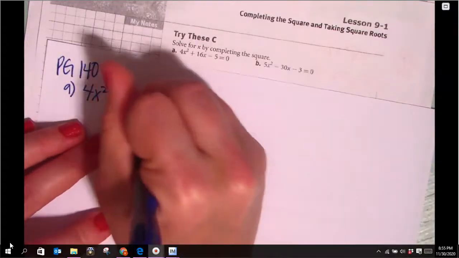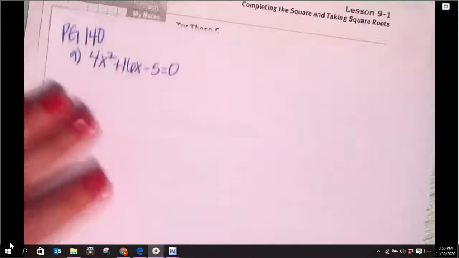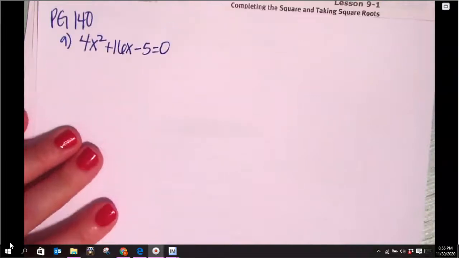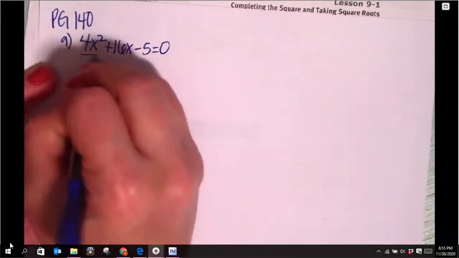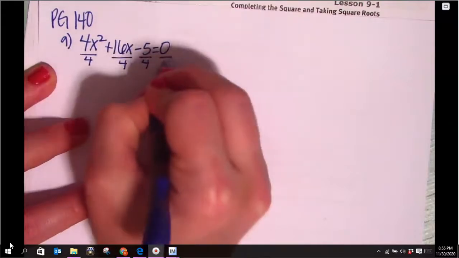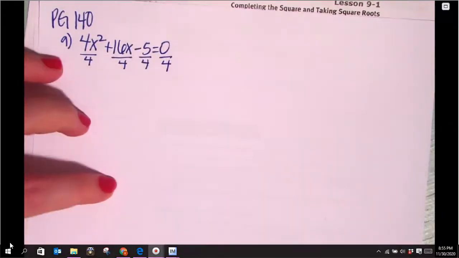Which is 4x squared plus 16x minus 5 equals 0. The first thing that we need to do is get rid of that leading coefficient. So I'm going to divide everything by 4, even the 0. Everything gets divided by 4.